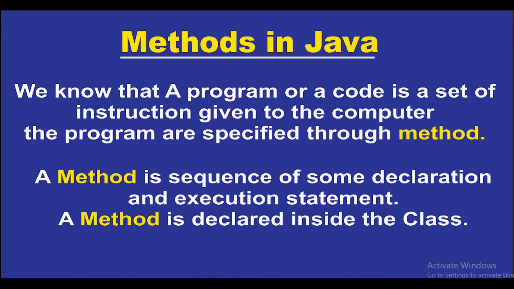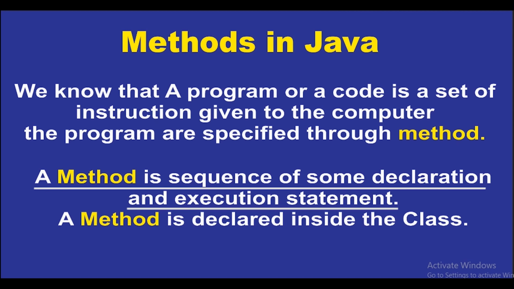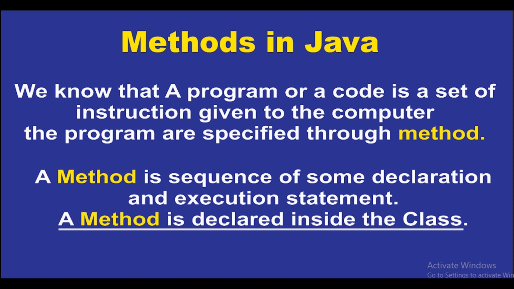Methods in Java. We know that a program or code is a set of instructions given to the computer. The program is specified through methods. A method is a sequence of declaration and execution statements. A method is declared inside the class.